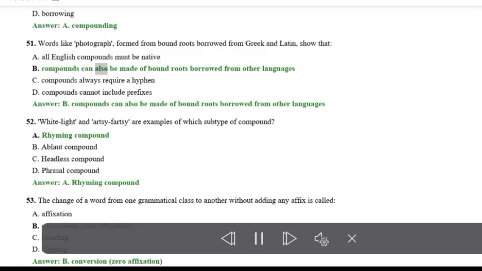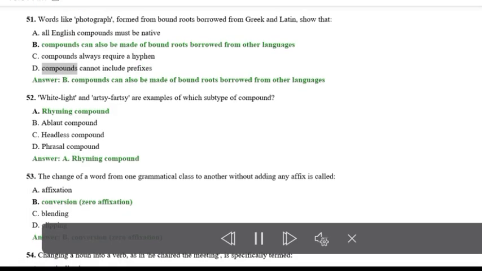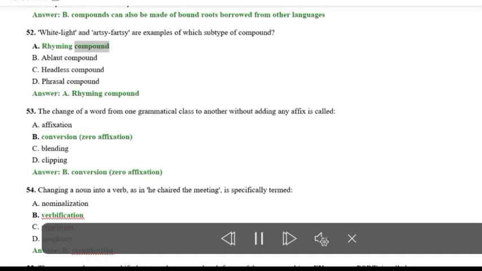B. Compounds can also be made of bound roots borrowed from other languages. C. Compounds always require a hyphen. D. Compounds cannot include prefixes. Answer: B. Compounds can also be made of bound roots borrowed from other languages. 52. White light and artsy-fartsy are examples of which subtype of compound? A. Rhyming compound. B. Ablaut compound. C. Headless compound. D. Phrasal compound. Answer: A. Rhyming compound.